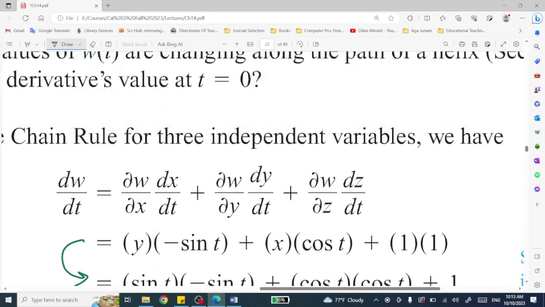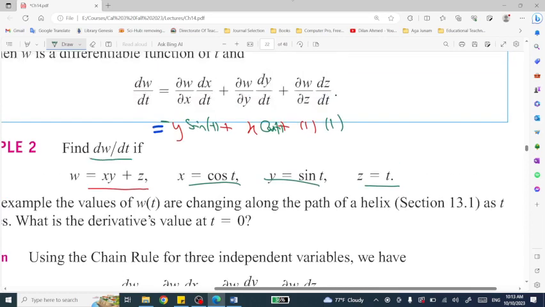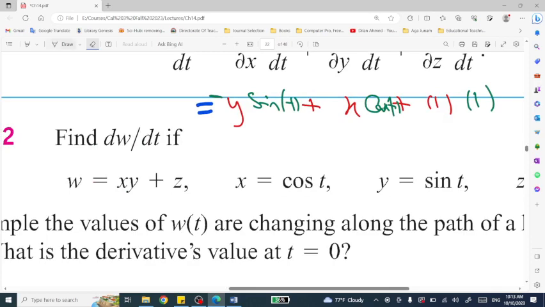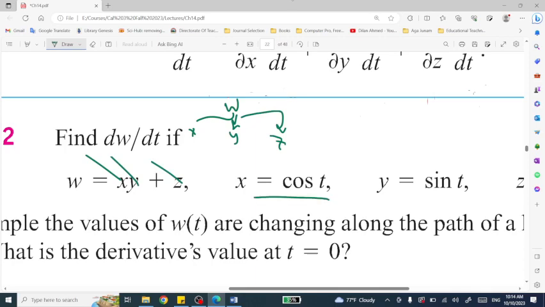The question? Okay. Read the question. It says find the derivative of w by dt. So I'm going to check what w contains. My w contains x, contains y, right? As well contains z. Do you have any problem? No. Then I look at x. X contains which variable?